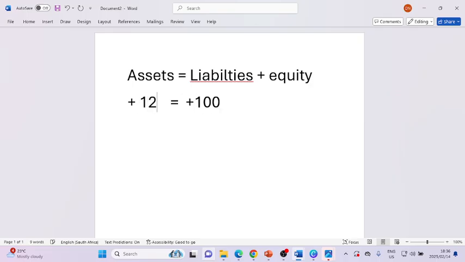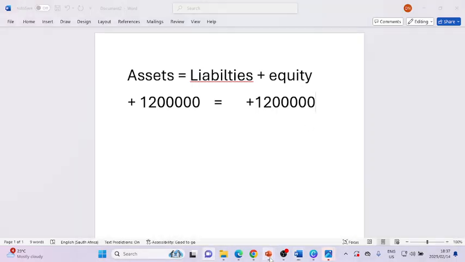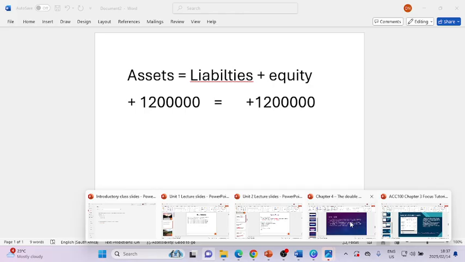So our assets are increasing 1,200,000, right? And then another thing that is going to increase, that is part of your equity, right, is your share capital, which is also going to increase by the same amount, 1,200,000.